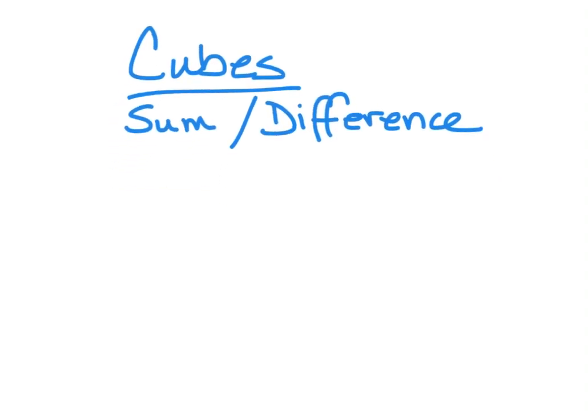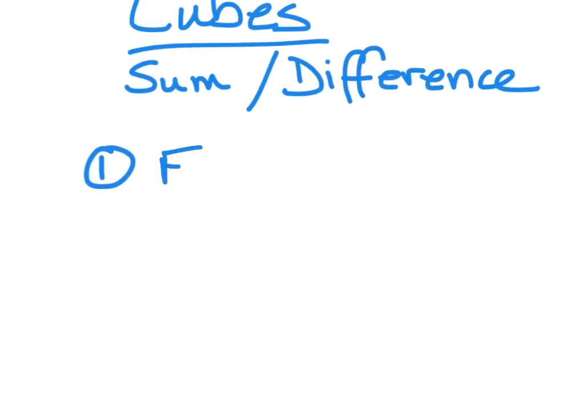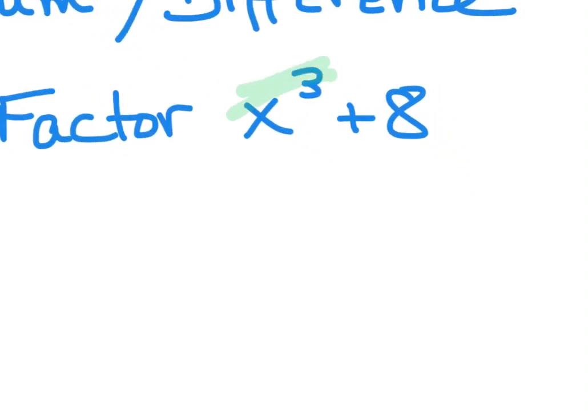So for example, I could say to you, factor x cubed plus 8. The first thing you want to notice is that x cubed is a perfect cube, 8 is a perfect cube, and keep track of the sign that's initially in the beginning.